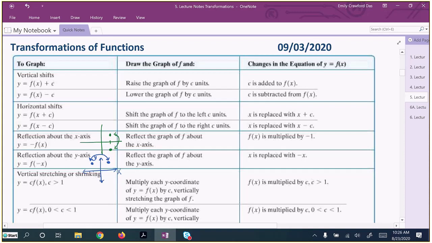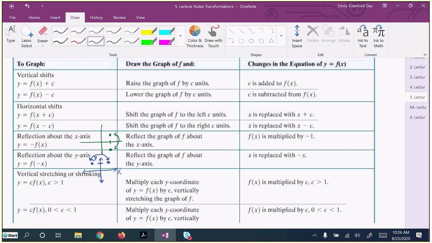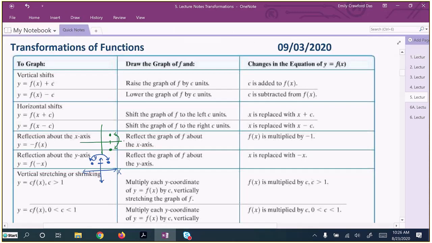Well, the y-coordinate didn't change because I still am at the same height, but the x-coordinate changed from positive to negative. So how will I recognize this transformation algebraically? This is going to be f of negative x, where we replace x in the function by negative x. Okay, so those are reflections.